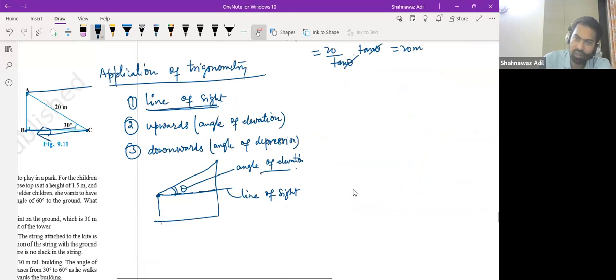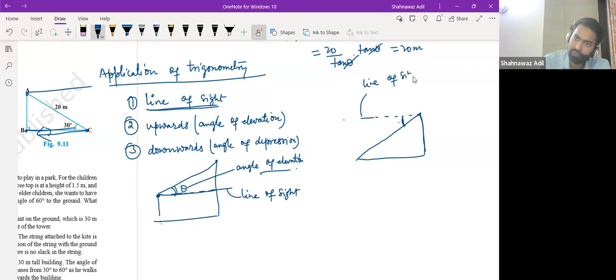Let's say you are on the top of a building, and you are looking at the ground. Then this is your line of sight, and this is your angle of depression.